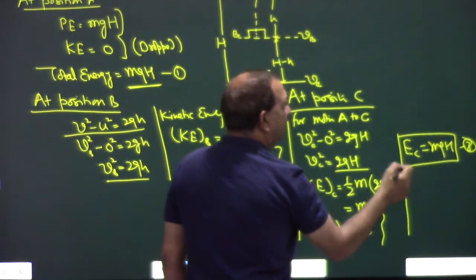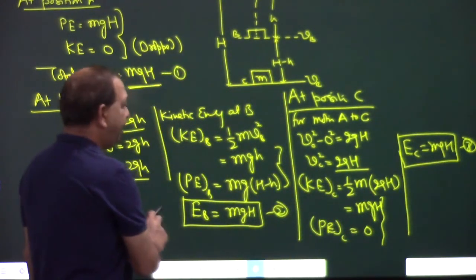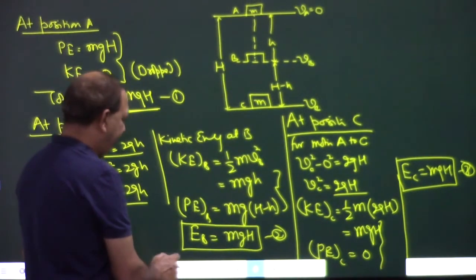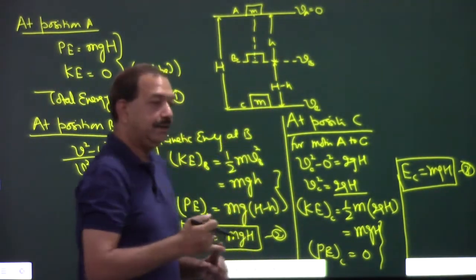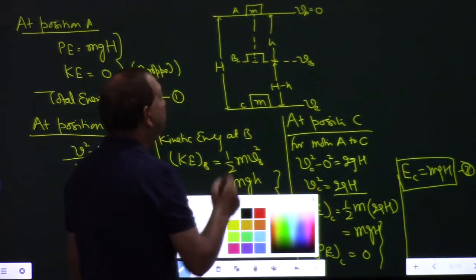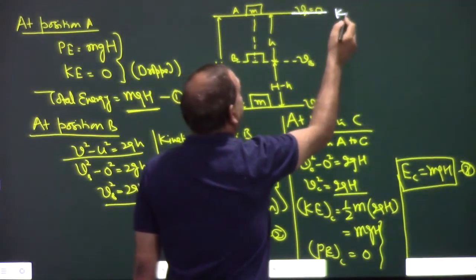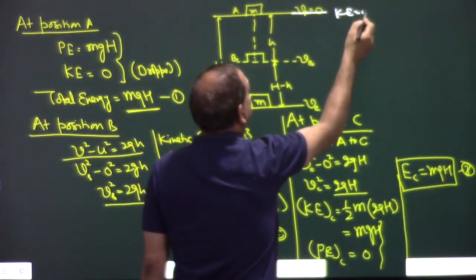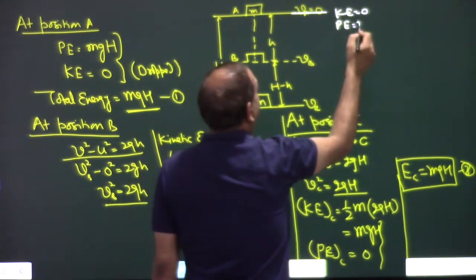So at every point, whatsoever the position may be, the total energy is mgH. If I describe at this position, kinetic energy 0, potential energy mgH.